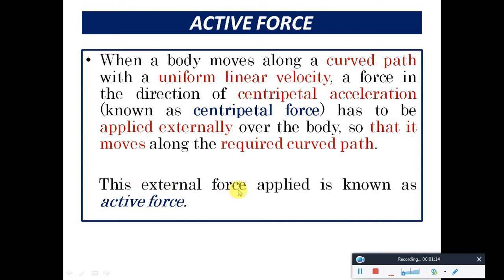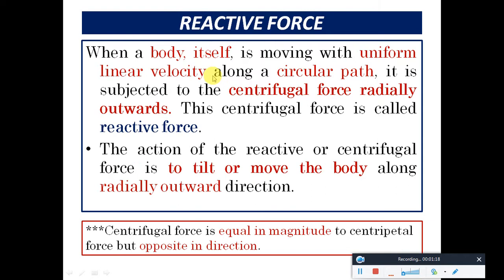So this force we call an active force, and then the reactive force. Say when a body is moving with uniform linear velocity along a circular path, for example, it would be subjected to a centrifugal force radially outwards. The centripetal force would be radially inwards, and this would be radially outwards. This centrifugal force is called a reactive force.